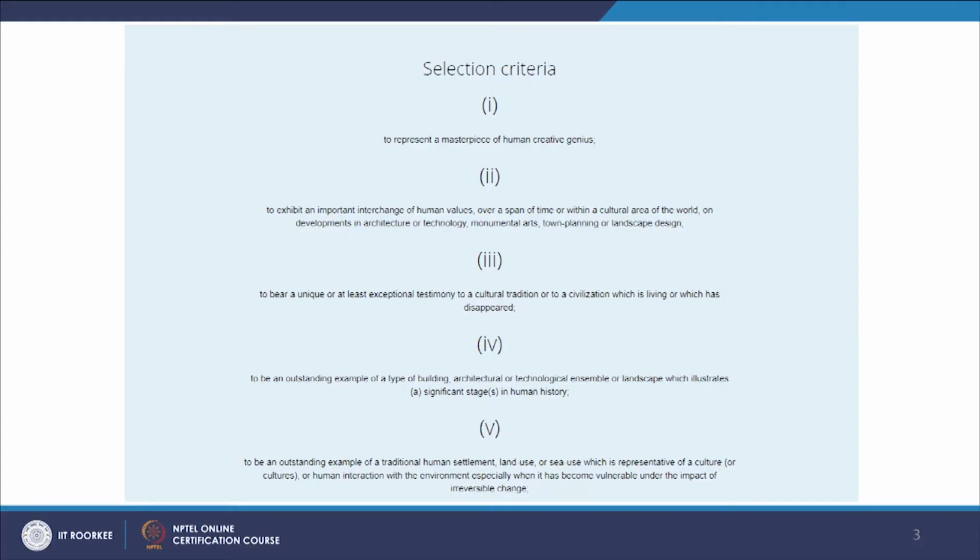We also talk about bearing a unique or at least exceptional testimony to a cultural tradition or a civilization, the architectural or technological ensemble, and the outstanding example of a traditional human settlement, land use, or urban planning.